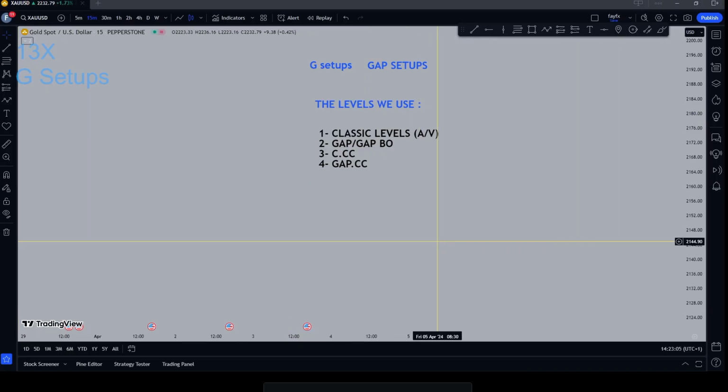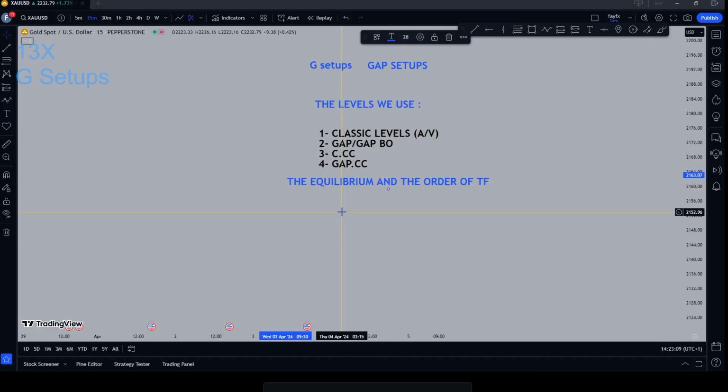We learned also the equilibrium and order of time frames.